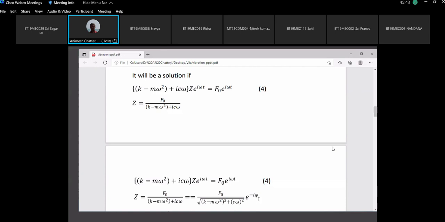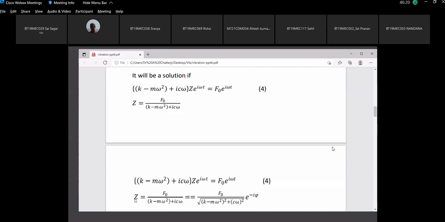Theta is the argument. So if a complex number is a plus ib, its magnitude is square root of a square plus b square, and its argument angle is tan inverse b by a. It is negative because the complex number was in the denominator. So tan phi is equal to c omega divided by k minus m omega square. Write this also: phi is equal to tan inverse of c omega divided by k minus m omega square.